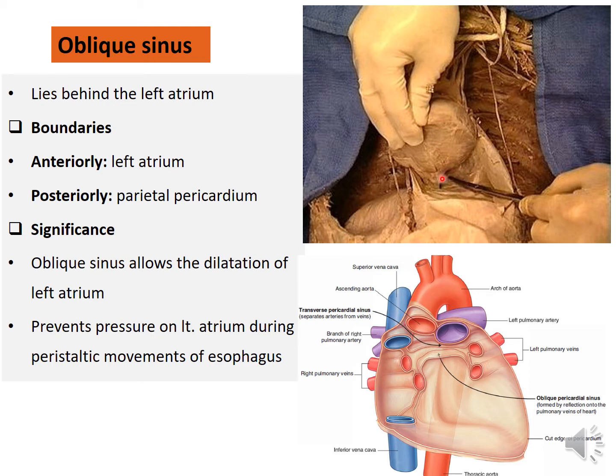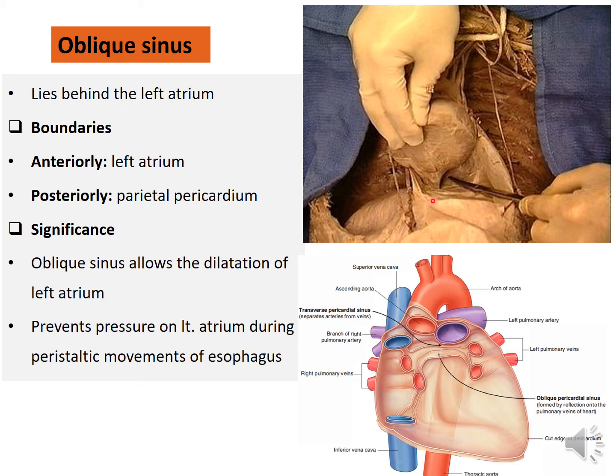If you remember, the heart is particularly in the middle mediastinum. Just behind the middle mediastinum, what you see is one of the structures of your posterior mediastinum, that is your esophagus. So during dilatation of the left atrium, it comes in very close contact with your esophagus.